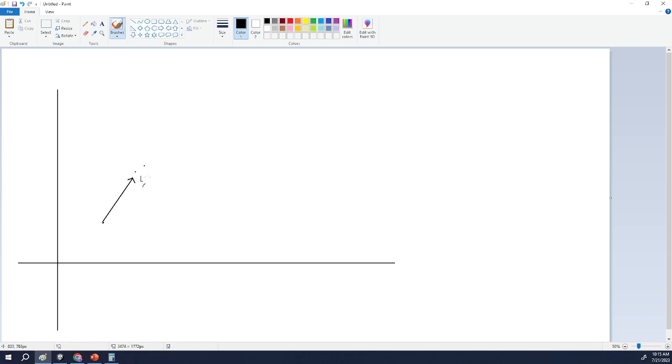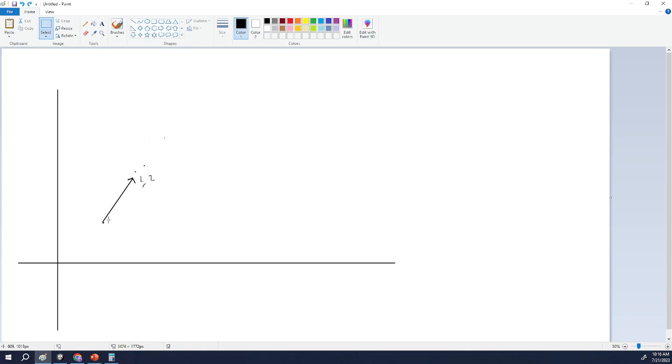1, 2. Meaning, from our position, it went 1 unit to the right and 2 units up. And you can accumulate it. Let's say another second passed by. Our position would have been where we were, and then 1, 2, 1, 2, and so on and so forth.